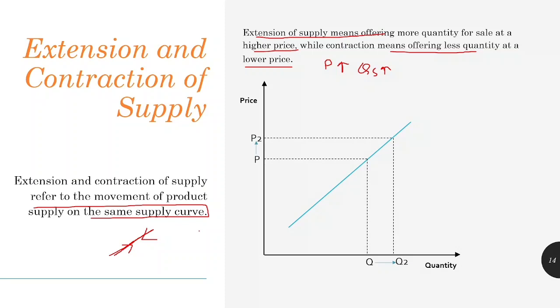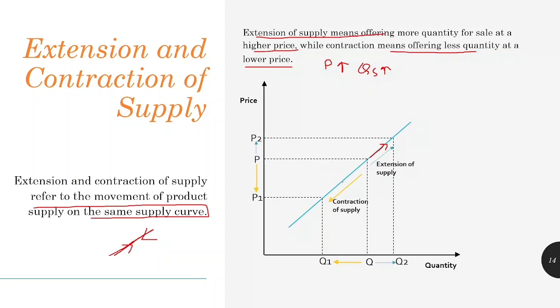So what is happening here is extension of supply, where we are moving upwards. So do remember the movement, that we are moving up in the supply curve. So it's extension of supply. Now in the second case, the price is decreasing to P1 and the quantity decreasing to Q1. So it's contraction of supply and we are moving downwards. So remember the movement because they ask questions on this.